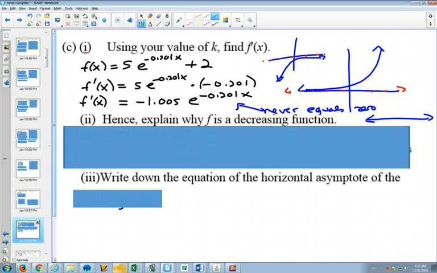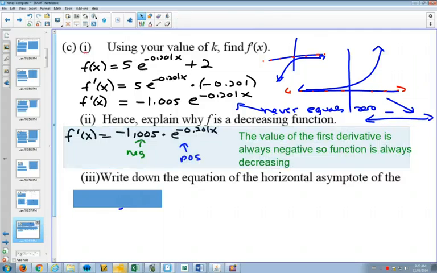And so now we could pick any point whatsoever to plug in to find if our function is increasing or decreasing. So if I plug in 0, because that's an easy one, e to the 0 is 1. 1 times negative 1.05 will be negative. And this function is always decreasing.